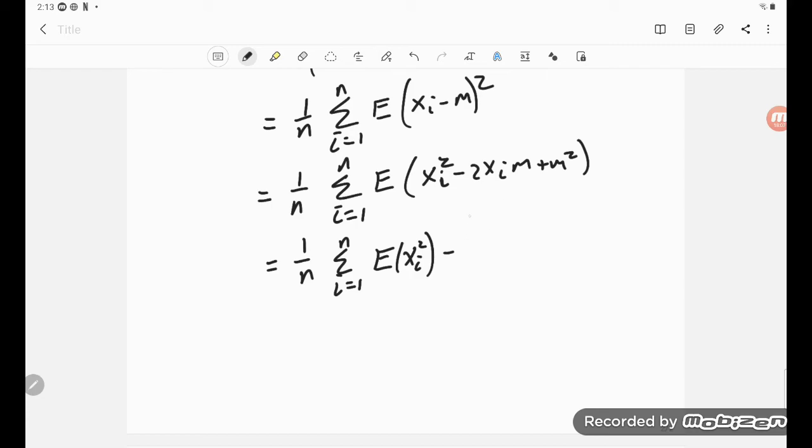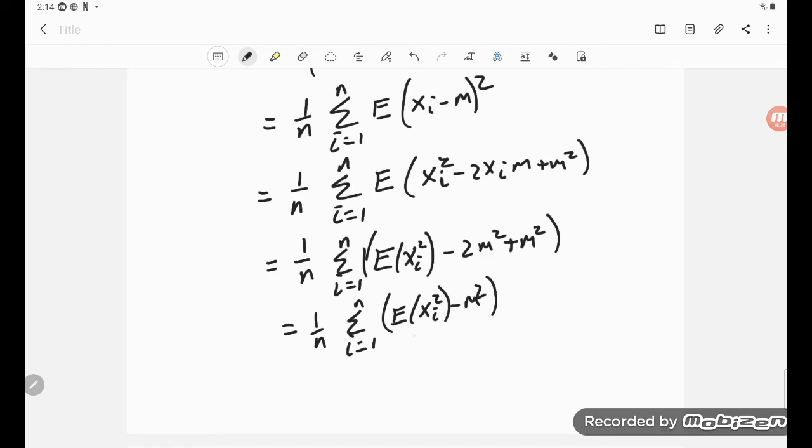Well, each of those, the expected value is m, the mean, so I get minus 2m squared and then plus m squared, all in that summation. And so 1 over n, sum i equal 1 to n of the expected value of xi squared minus m squared.